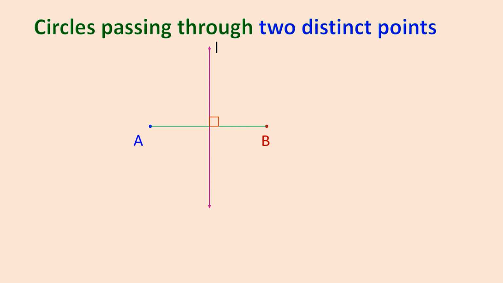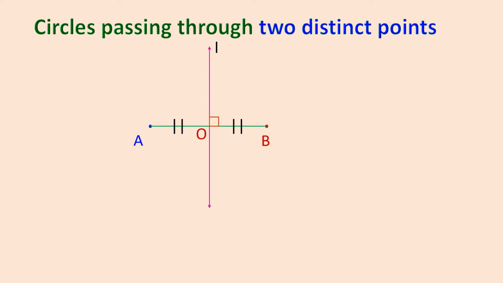Here is the perpendicular at point O, and since it is a perpendicular bisector, it gives AO equals BO. I hope you all know how to draw the perpendicular bisector of a given segment. If not, you can see the playlist of my videos, in which I have explained how to draw the perpendicular bisector of any given segment.